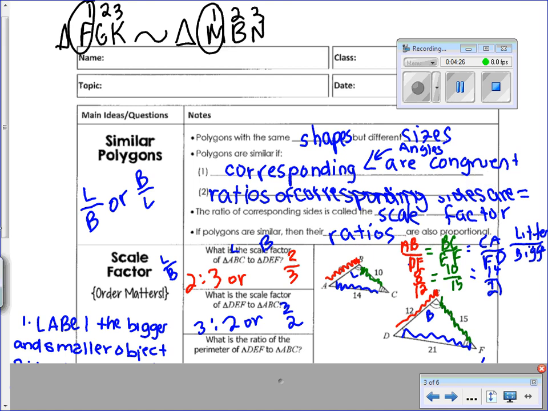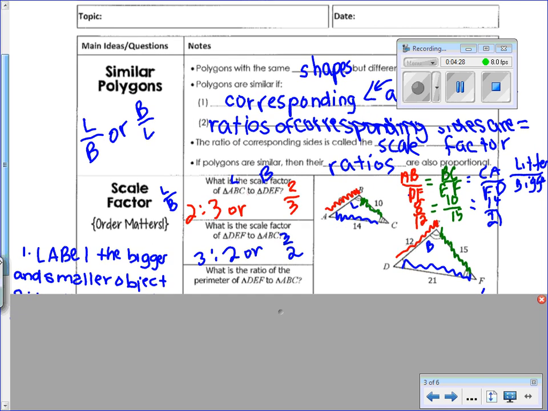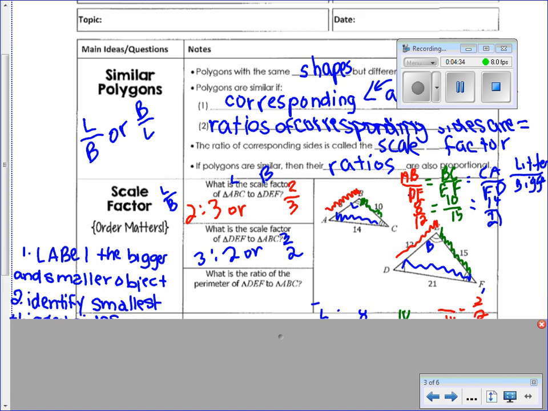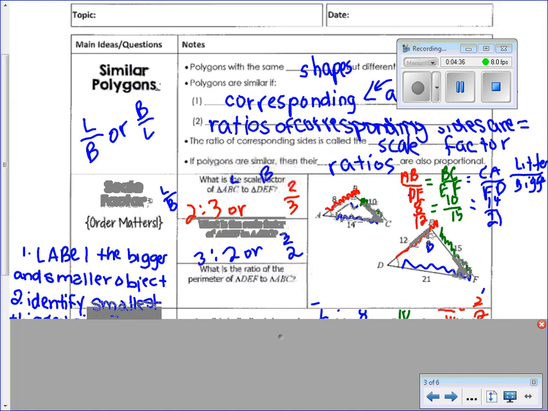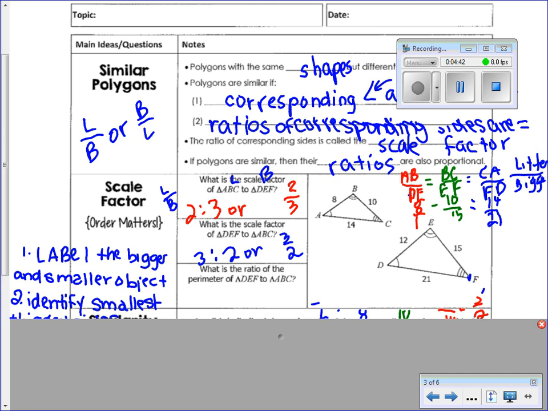Now, what is the ratio of the perimeter? Well, you just add all those things together. The ratio of the perimeter, you just add the sides together. 8 plus 10 is 18. 18 plus 4 is 22. The perimeter is 22 here for ABC.